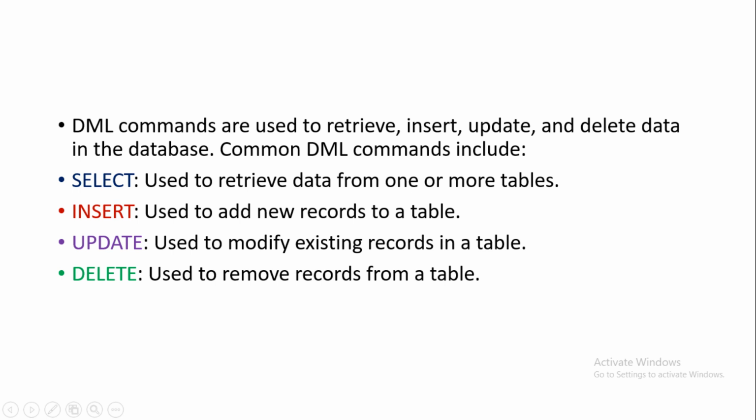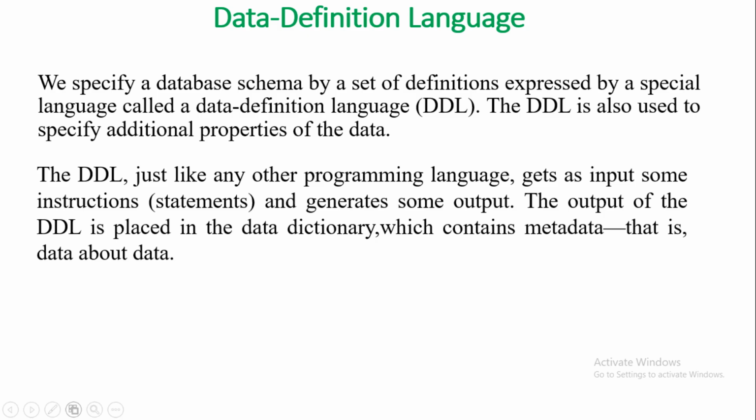Various DML commands exist for us to retrieve, insert, update and delete data in the database. Some of them are select, which we use to retrieve data from one or more tables; insert, used to add new records; update, used to modify existing records; and delete, used to remove records from a table. The next one is data definition language. We specify a database schema by a set of definitions expressed by a special language called data definition language.